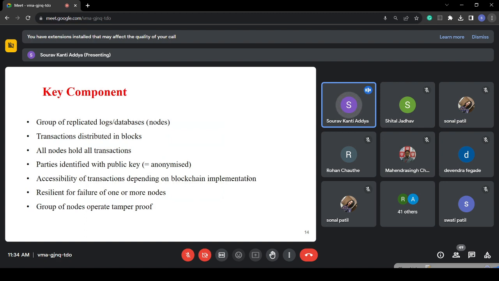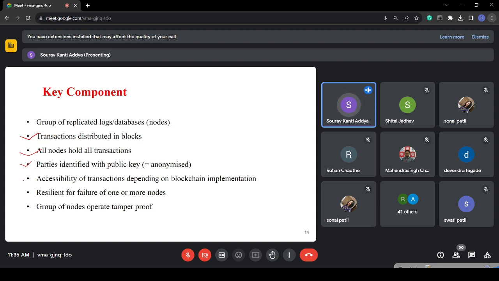So, some of the key concepts: a group of replicated logs or database nodes, already told. Transactions are distributed in different blocks. All nodes hold all transactions, that means a local copy of global data. Parties are identified with a public key.